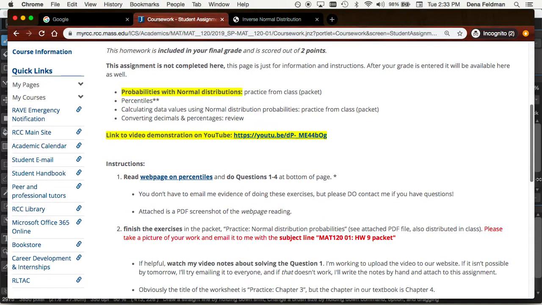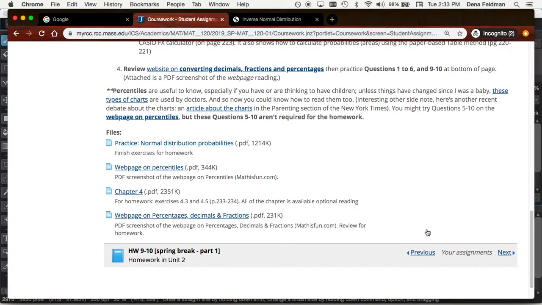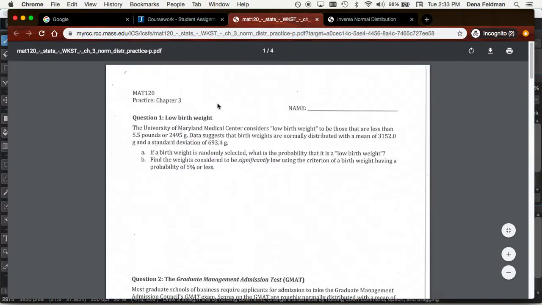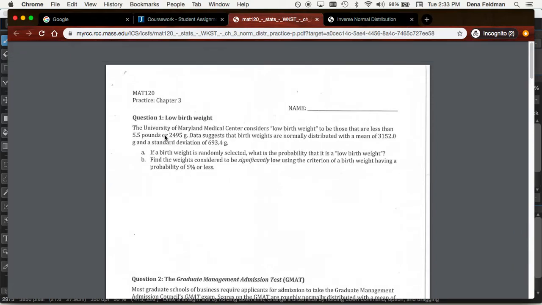The packet picture you saw is from this packet, Practice Normal Distribution Probabilities. When I click on it, you can see it's a 4-page packet, and here is the first question. So I'm going to be talking about question 1b, how do you find values from a given probability or proportion.